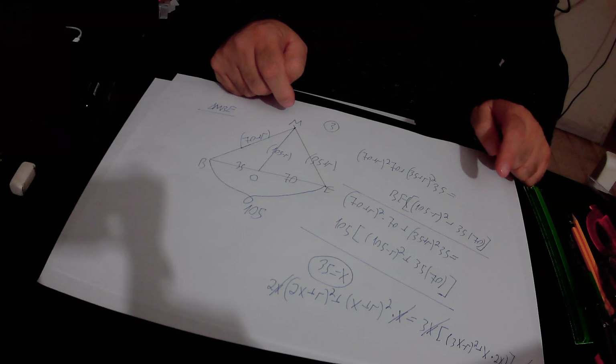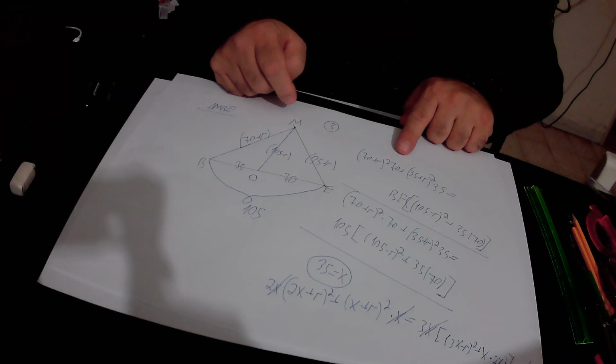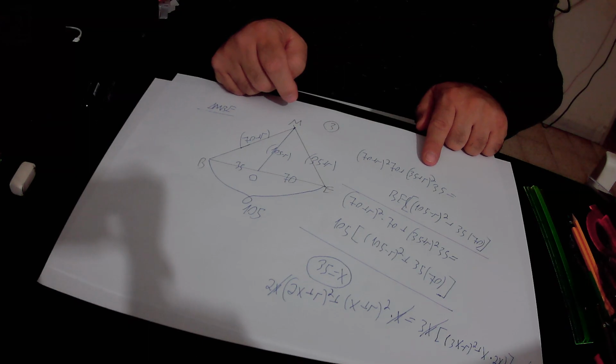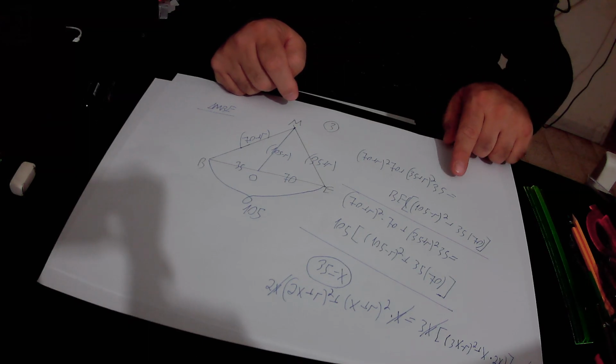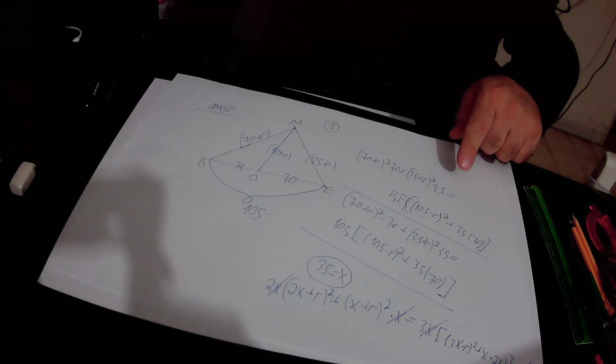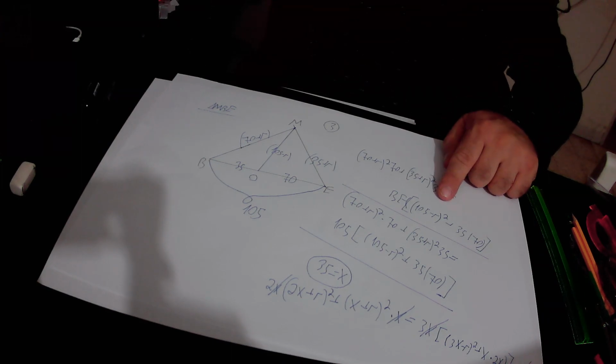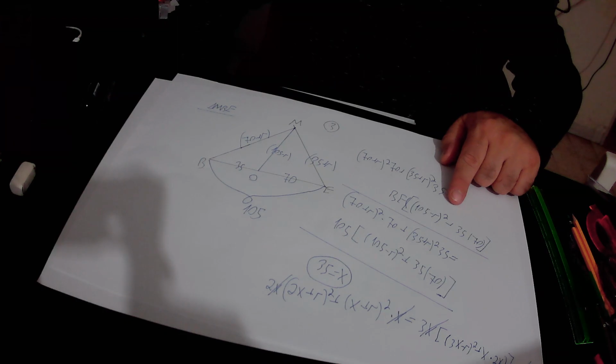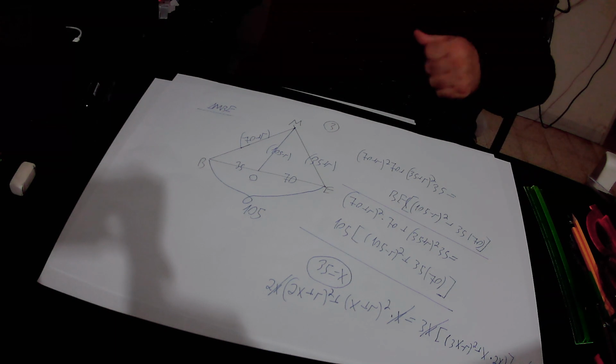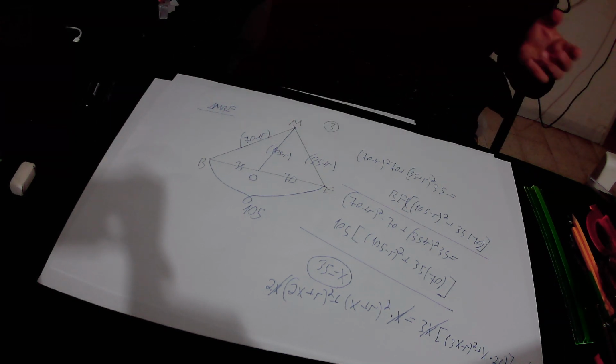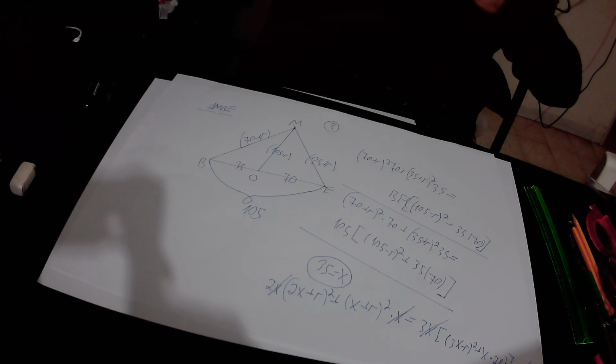Okay, so in conclusion, we found out that (70 plus R) squared times 70 plus (35 plus R) squared times 35 equals BE times (BE minus R) squared plus 35 times 70. BE equals 105 units, therefore we substitute BE by 105.